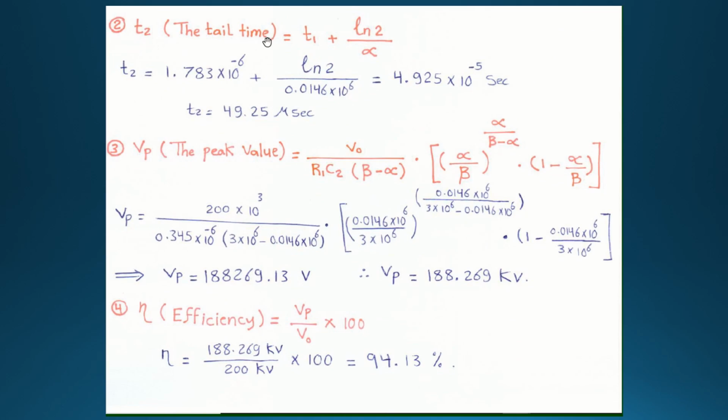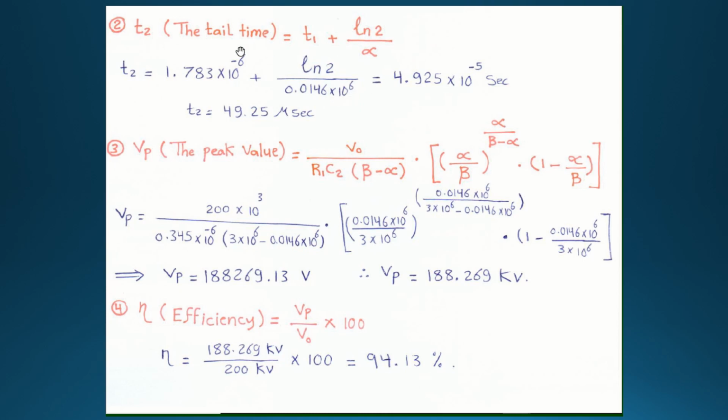T2, the tail time. The tail time equation is T1 plus ln 2 divided by alpha. So T1 we just calculated, we got it as 1.783 into 10 to the power minus 6 second, plus ln 2 divided by alpha, where alpha is 0.0146 into 10 to the power 6.